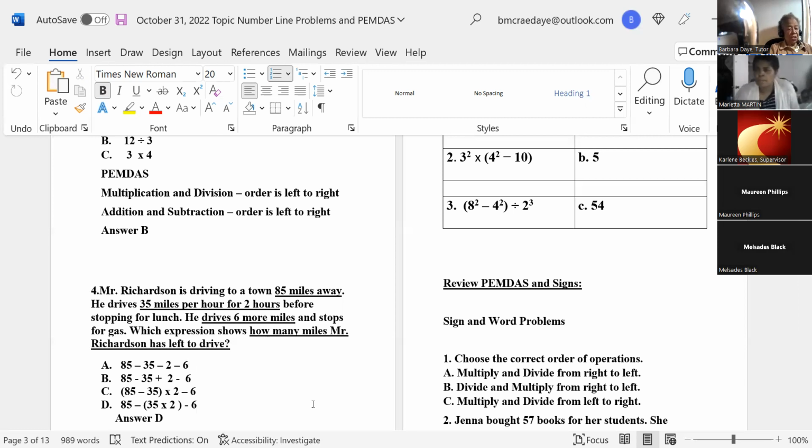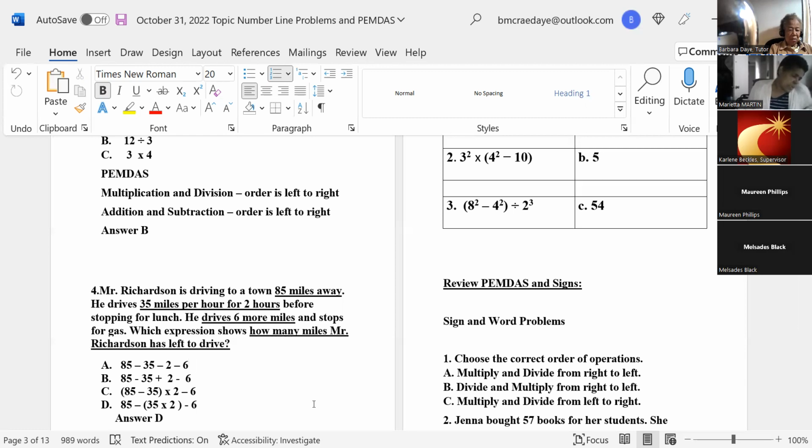But ask yourself the question, Mercedes. If Mr. Richardson is 85 miles away from his town, how would you find how many more miles he needs to drive after looking at the 35 miles per hour for 2 hours he drove and the 6 miles he drove? Tell me mathematically, how would you find how many more miles he has left to drive?